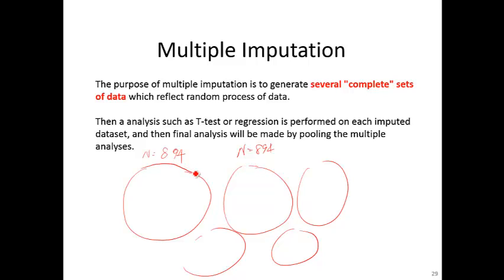This imputation process involves randomness, so each imputed data set is slightly different, and the more observations are missing, the larger the variation among these imputed data sets becomes. Then, using each imputed data set, you perform the linear regression of your interest.